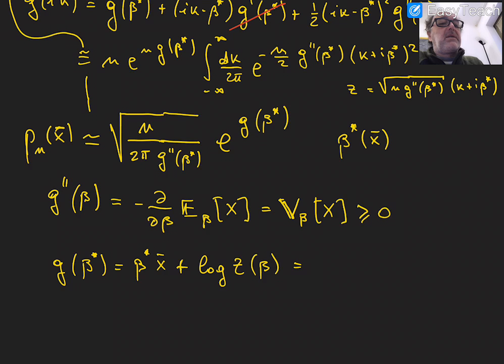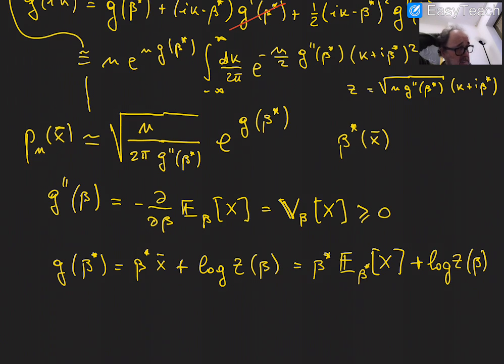But beta star is such that you can also write this as beta star times the expected value over this distribution p beta of x, when beta is equal to beta star, plus the log of Z of beta.